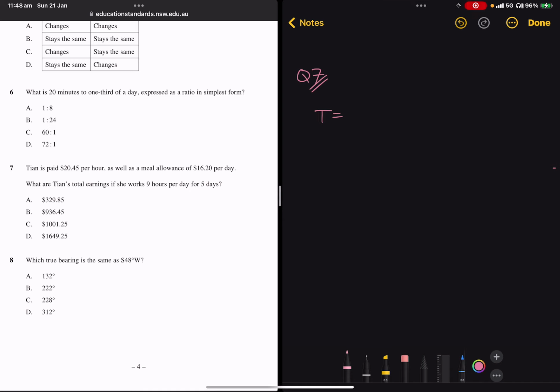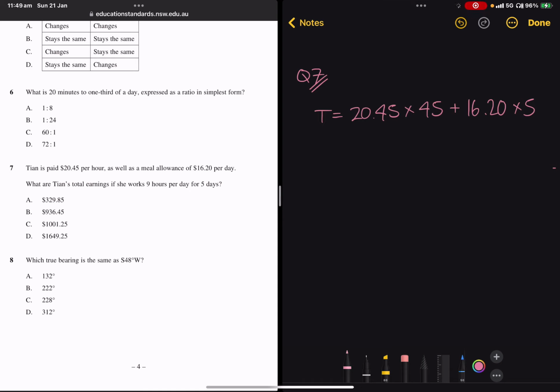We're assuming there's no overtime here for students who have completed the finance topic. This is just a very simplified example. So her total income will be $20.45 multiplied by the number of hours, 45 hours, plus 5 lots of the meal allowance, $16.20 times 5.